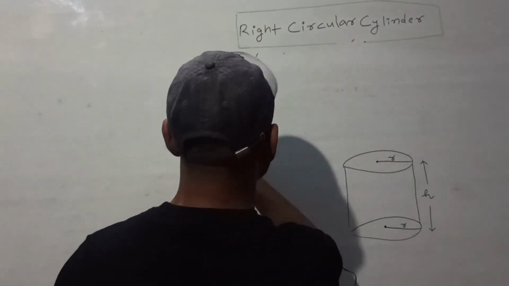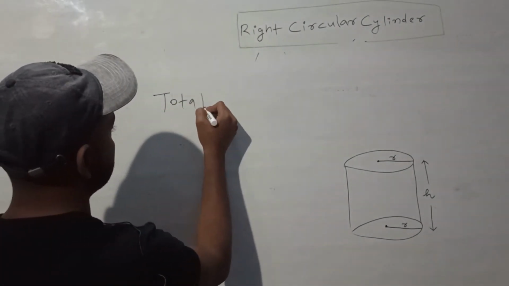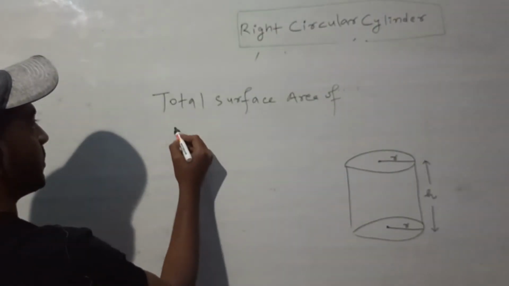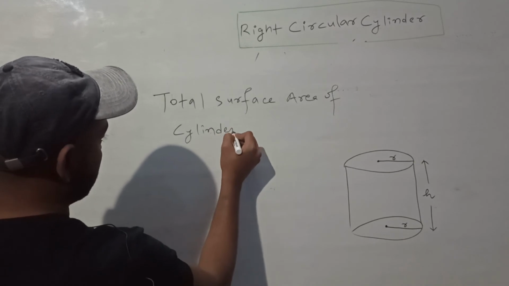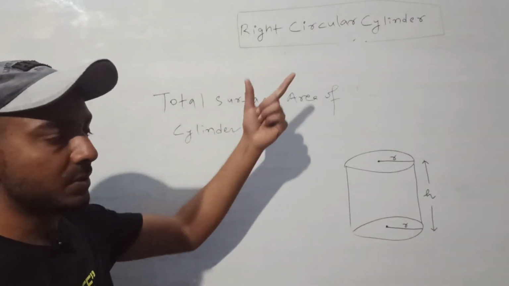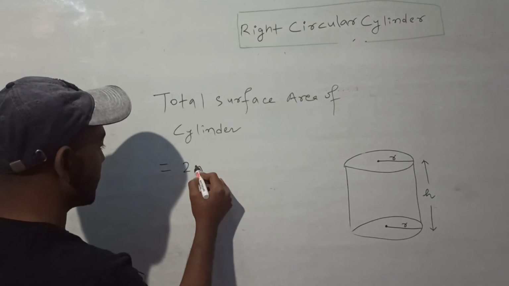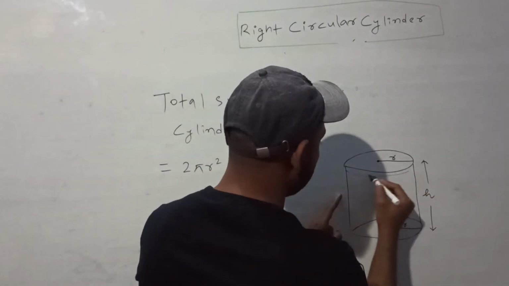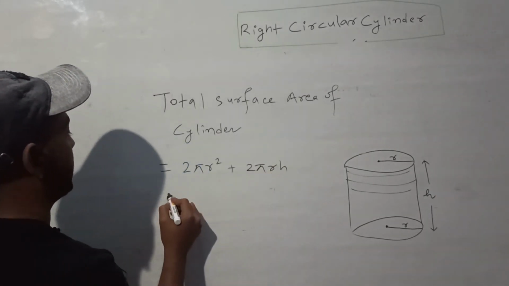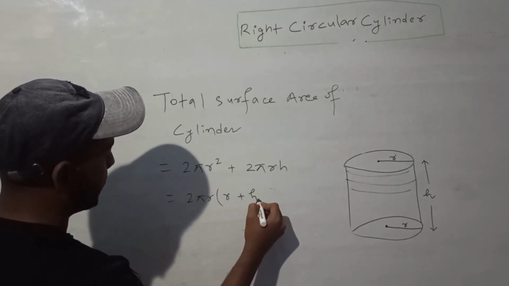So if I write the total surface area of the cylinder, that is the total surface area of the right circular cylinder, it will be equal to the area of the two parts, top and bottom, that is 2 pi r square, plus the area of the curved portion, which we have just discussed is 2 pi r h. Therefore, taking 2 pi r common, we get 2 pi r into r plus h.